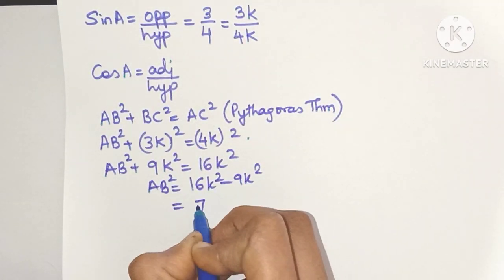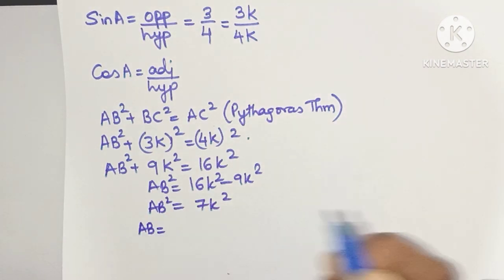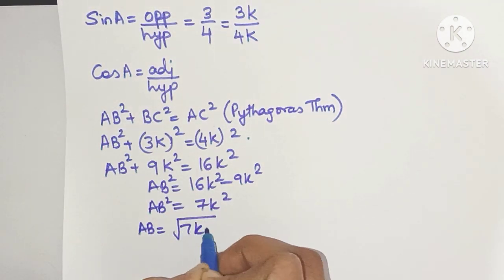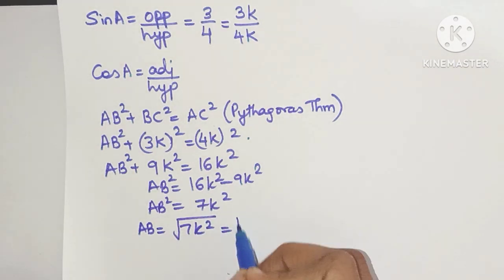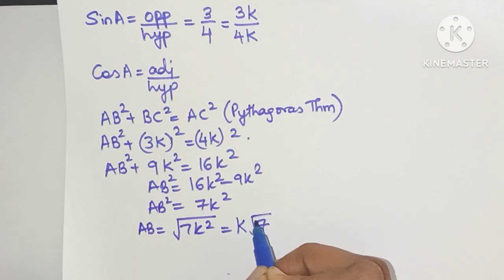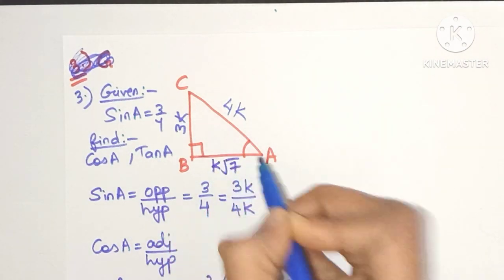What is that? 7k square. That's right. But we want AB, right? So it will be square root of 7k square. Now k square is under the square root sign, so it can easily come out. The 7 will be stuck over here only. So it will be k root 7. So this AB over here is k root 7.